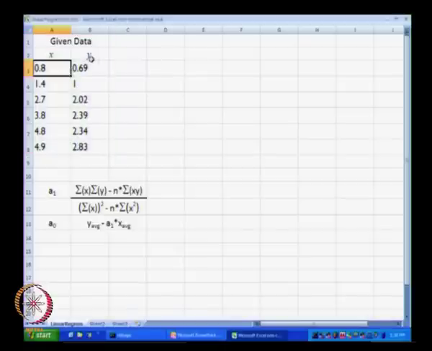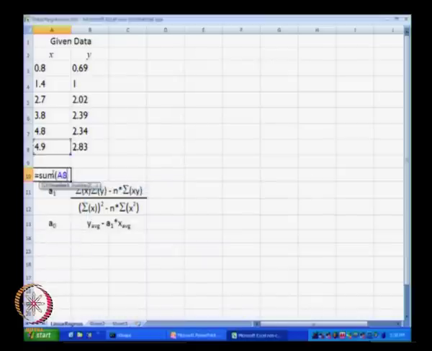So what I will do is get the summation of that data. I will write equal to sum, and I have used the cursor keys to take the blinking rectangle over here, and now I press the shift key and use the cursor key to take the rectangle upwards, and then complete the brackets.